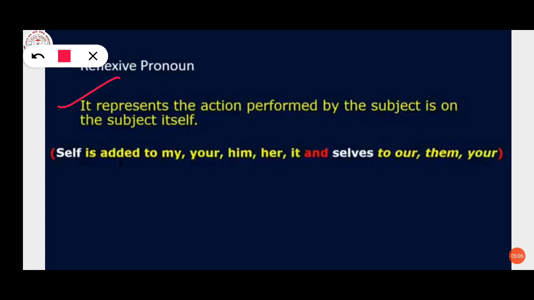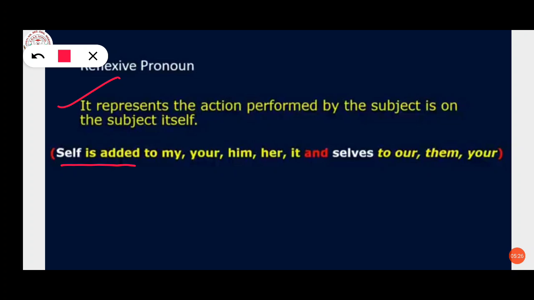First, see the words which we can use for reflexive pronouns, and they are self. Here self is given. Self is added to my, your, him, her, it. It means the singular ones, that is my, your, him, her and it.